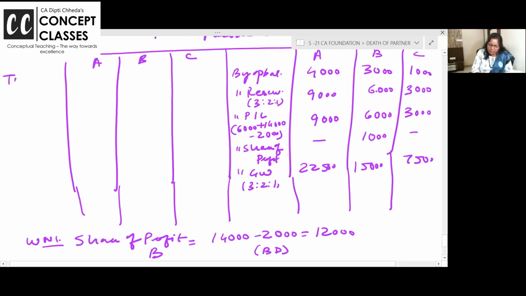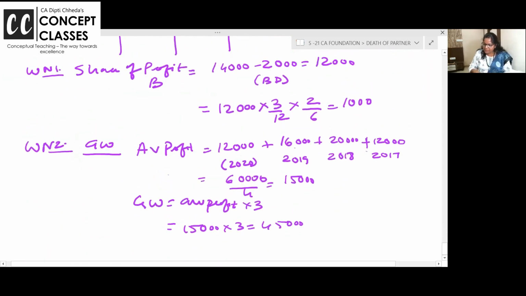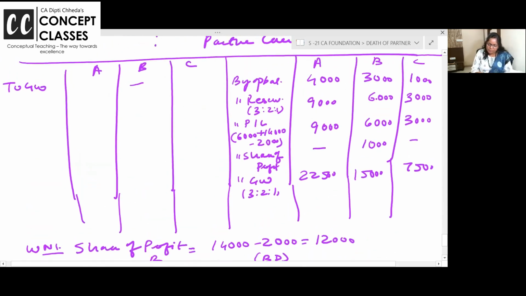And now write off the goodwill in new ratio. Leave B aside. How much is the goodwill actually? We just calculated it, 45,000. Write it off in the new ratio. What is the new ratio?